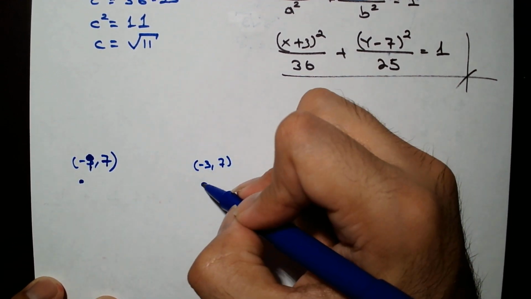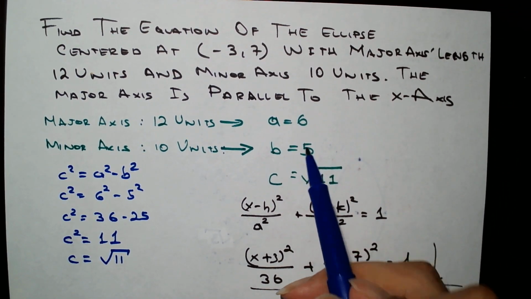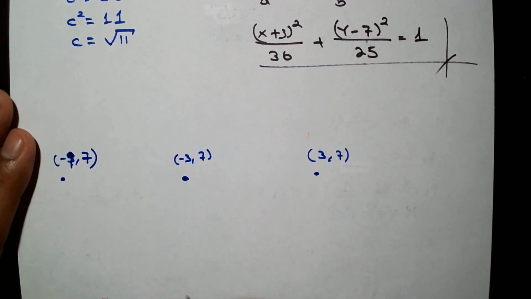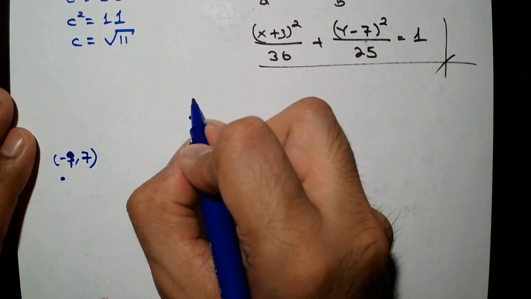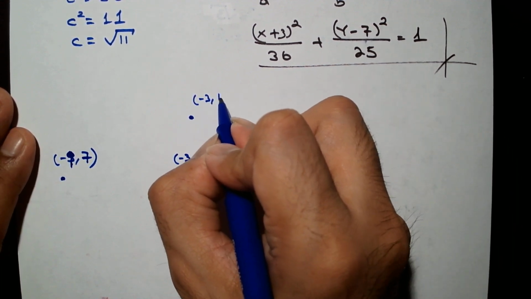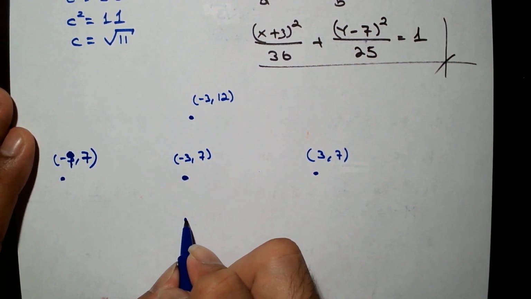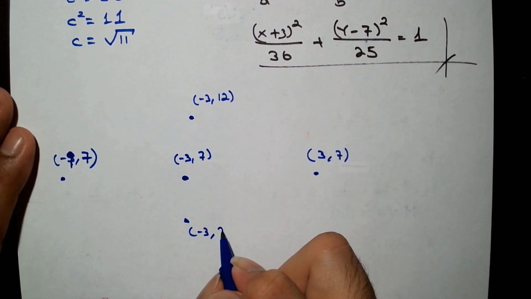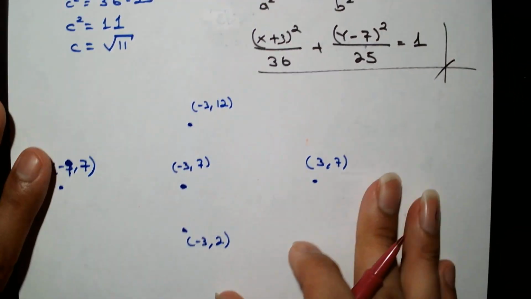All right, what about the co-vertices? So B, which is 5 units. In this case, I'm going to add 5 units, but to the y coordinate. So 7 plus 5, that's 12. That's negative 3 comma 12. And 7 minus 5, negative 3 comma 2. And for the foci, that's root of 11.